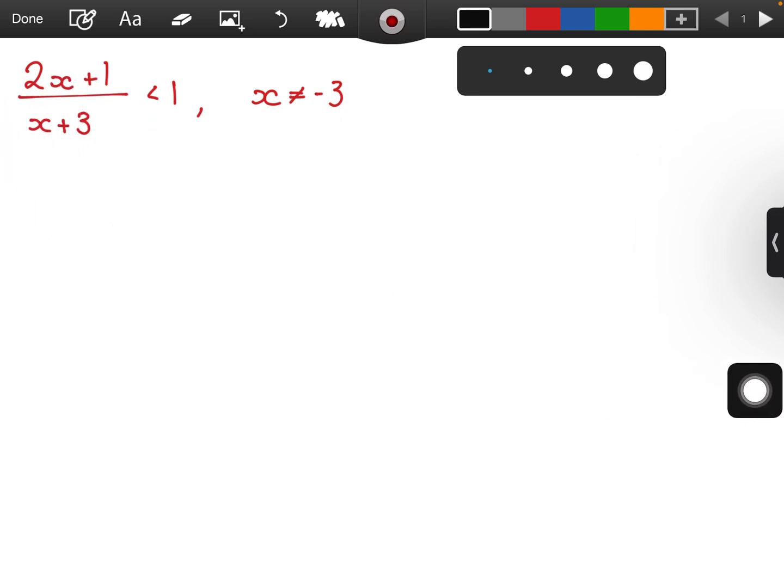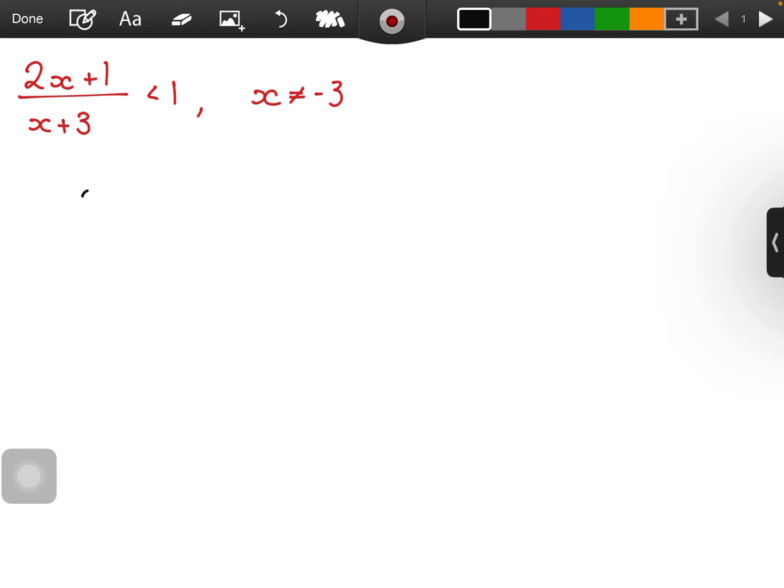Other than that, this fraction looks kind of confusing, but everything else looks like something we could solve. So let's just try and get rid of the fraction. Here my fraction is 2x plus 1 over x plus 3.